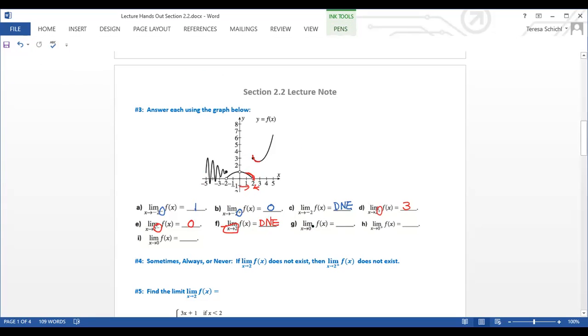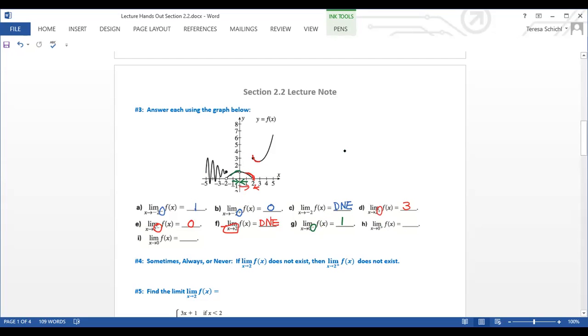Now let's take a look at the other ones. This is x approaching 0. From the left-hand side, my function value goes like this. What is it approaching? It's approaching 1. Now I'm approaching 0 from the right-hand side, and the function goes like this.